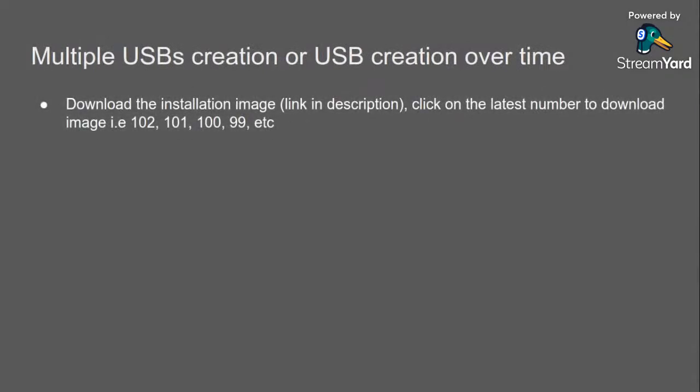So here is the way: download the installation image, and I will provide the link in the description, and click the latest number, like 102, 101, or whatever is the latest. Click that link and download the image file.